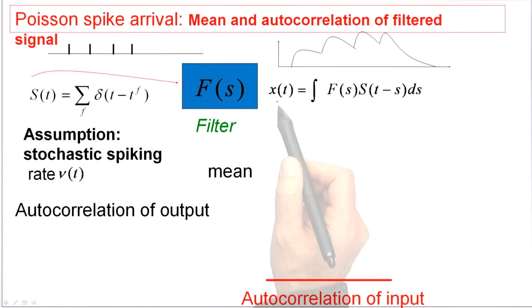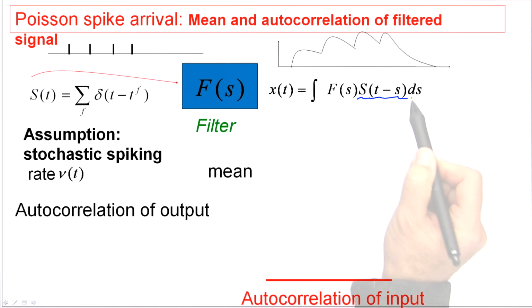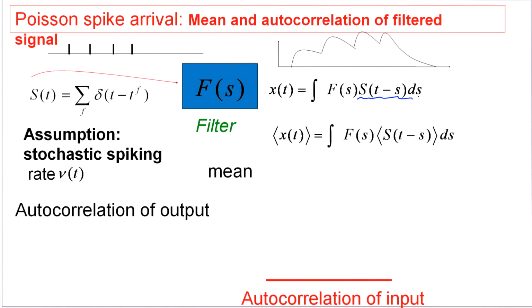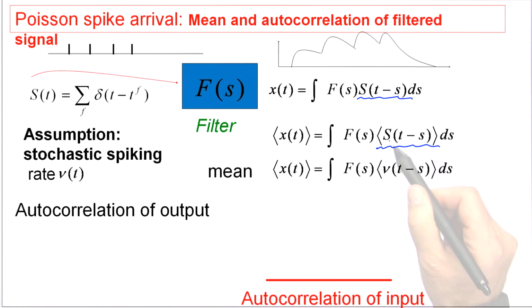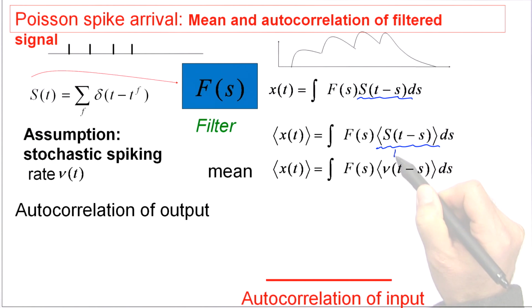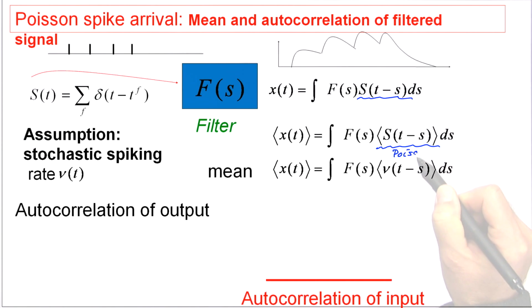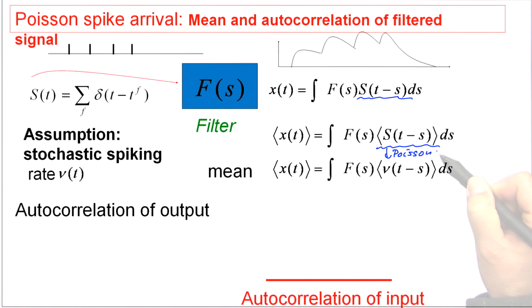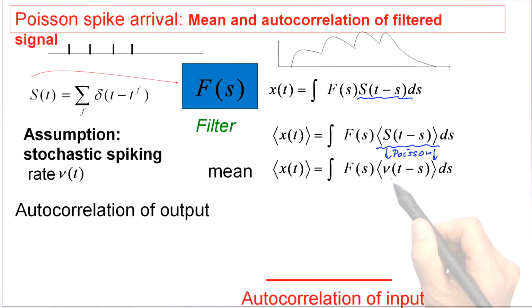The stochasticity is in the spike train. If you look at the mean, then the mean is just over the stochastic spike train. Now, in the case that the stochastic spike train is generated by a Poisson process, then this just gives the instantaneous rate of the Poisson process.